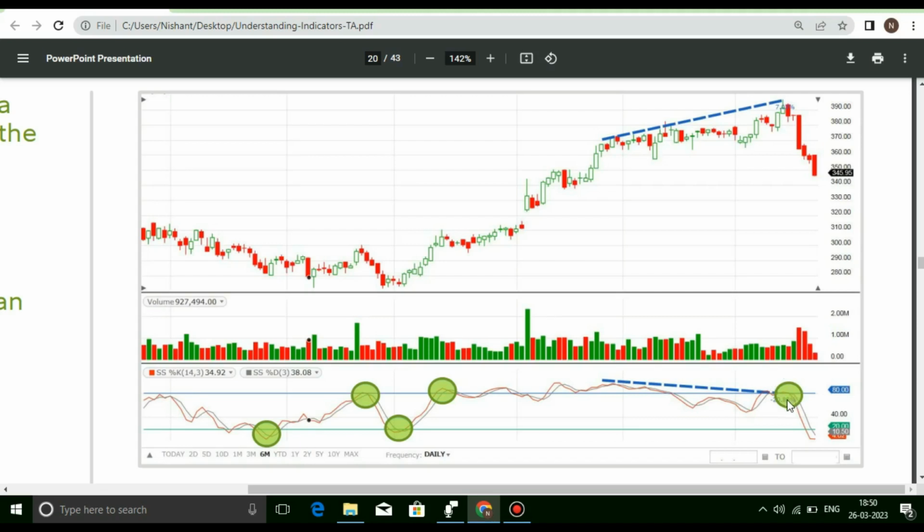So whenever you see these kinds of divergences, sell your assets immediately, because a reversal trend can be upcoming. But what if the vice versa thing happens, the price movements are going downwards and the stochastic oscillator is going upward? In that case also, the smart money is flowing in the market.